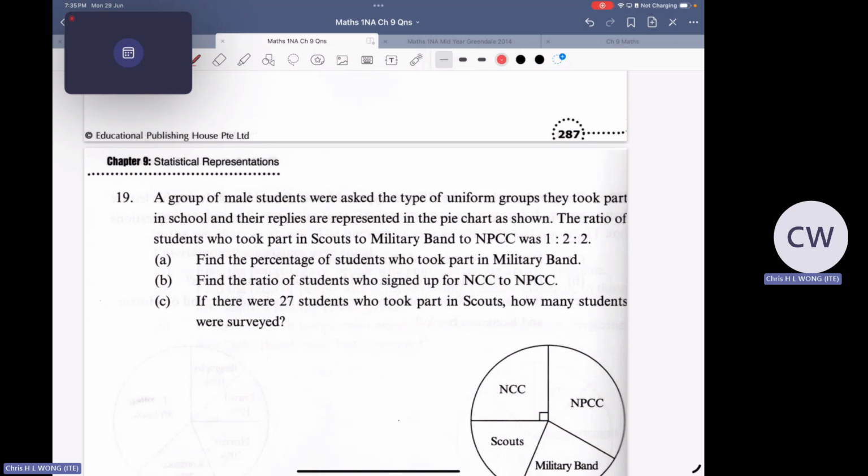Now chapter 9. Chapter 8 is all there already, right? Now chapter 9. Let me see.